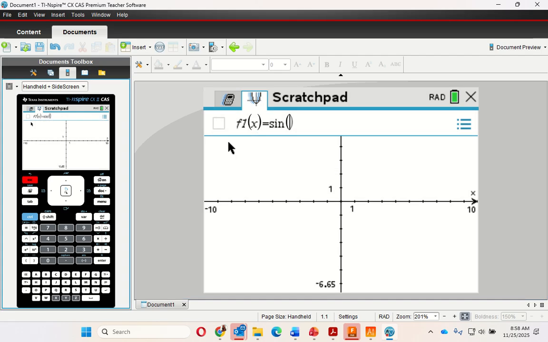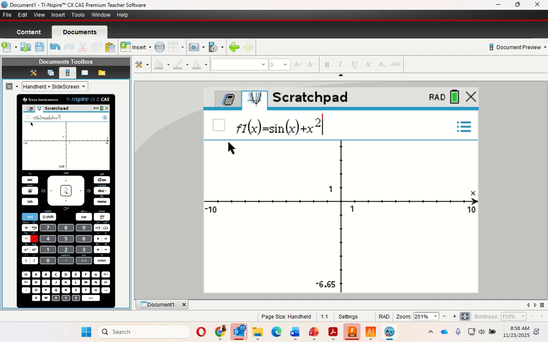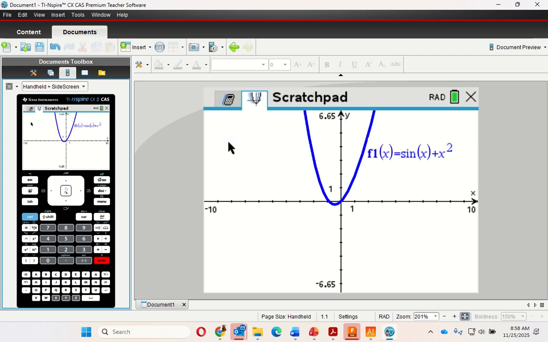Yeah. x plus x squared. There you go. Yeah, and from 0 to 1, does that work out? No.